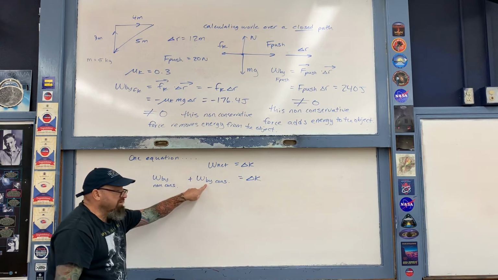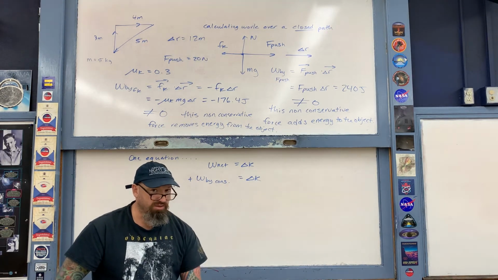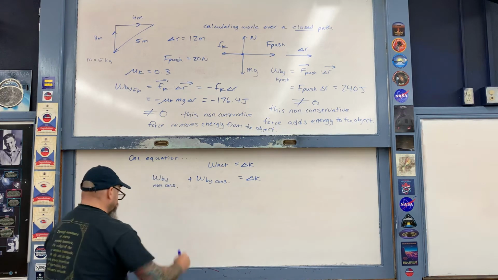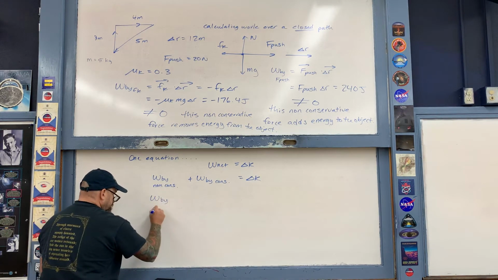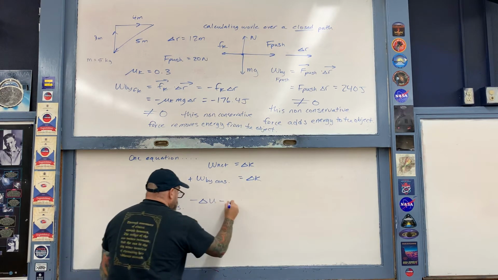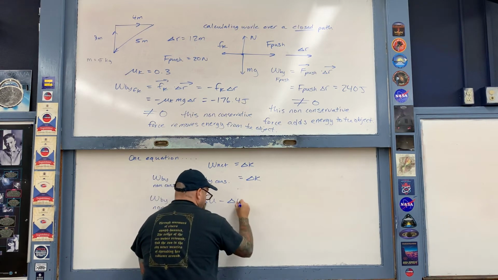Now the work done by conservative forces, remember, is the opposite of the work against conservative forces, which is therefore the changes in potential energy, whether they be changes in gravitational potential energy or changes in spring potential energy.